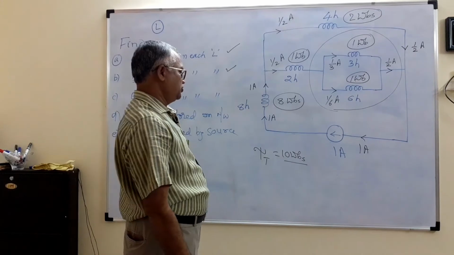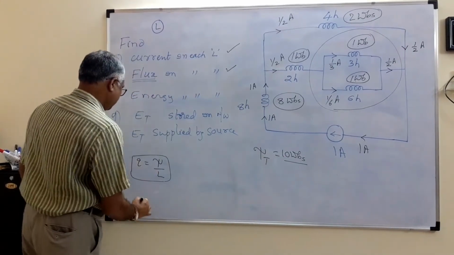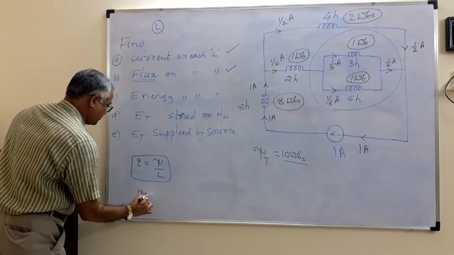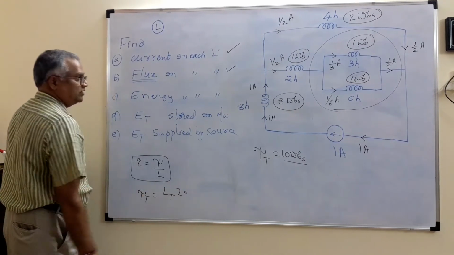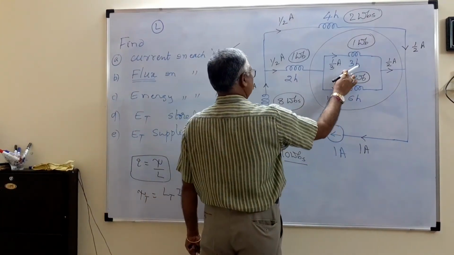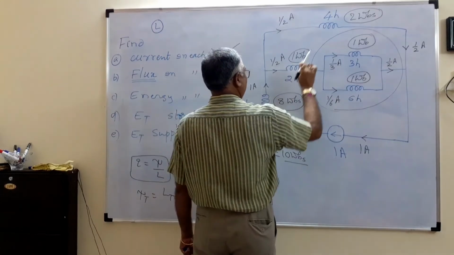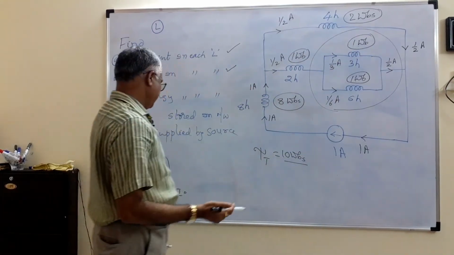If you have a doubt whether this 10 is correct or wrong, we want total flux. Total flux is nothing but total L equivalent into current. What is total L equivalent? 3, 6 parallel 2, 2 plus 2, 4, 4 plus 4, 4, 4 parallel 2, 2 plus 8, 10.